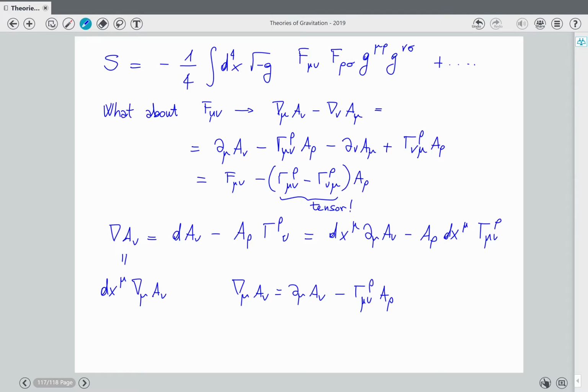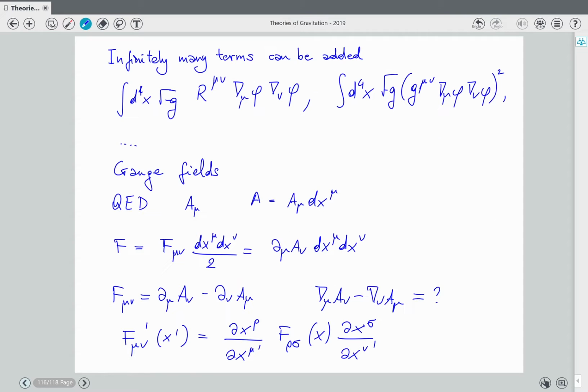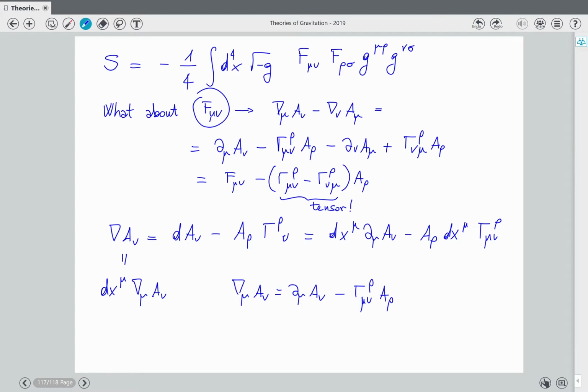An example of terms that you can add is given precisely by what you obtain by replacing the field strength, which is this combination, by this other combination, which contains an additional term.